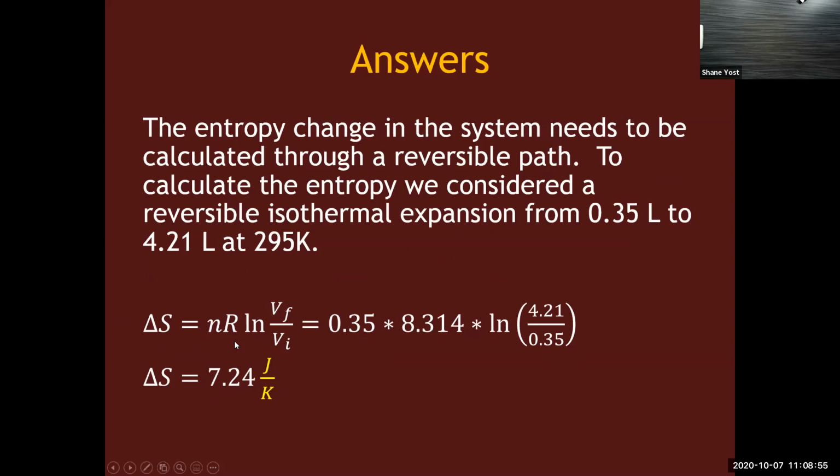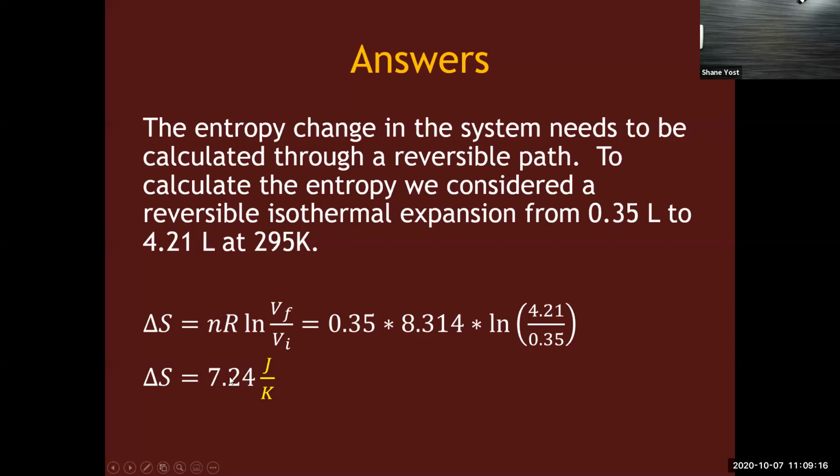Now, while the actual step was done irreversibly, I can imagine doing the exact same change in state, but instead of expanding against a constant external pressure, I expand against a changing external pressure, where the external pressure is equal to the pressure of my gas, and that makes the expansion a reversible expansion.